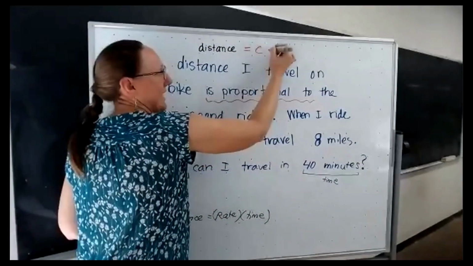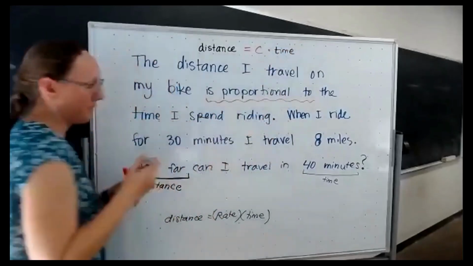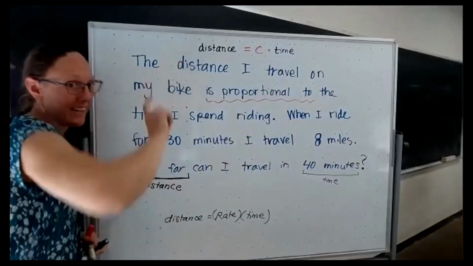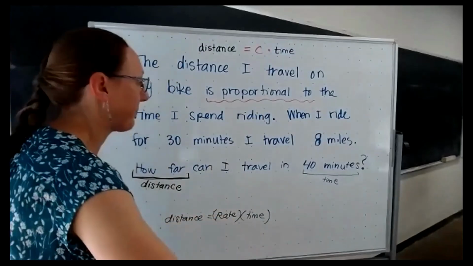So distance equals a constant times time. So that first sentence is telling us the same thing as distance equals rate times time.